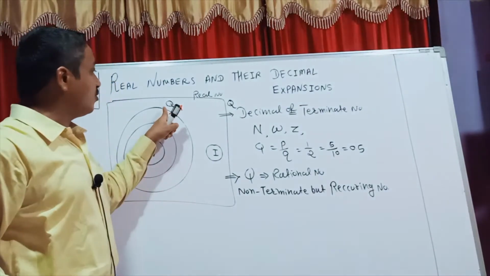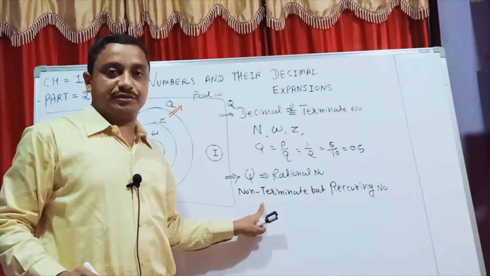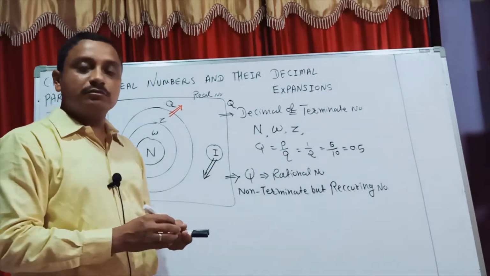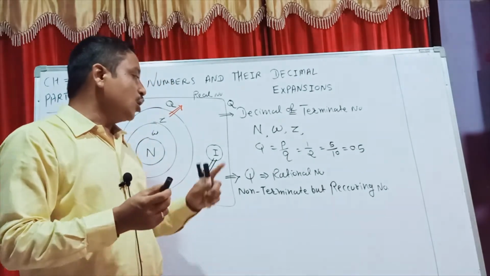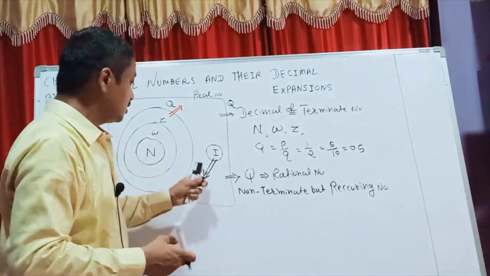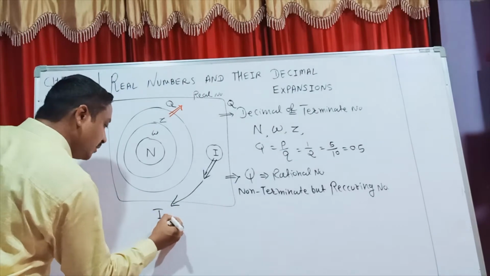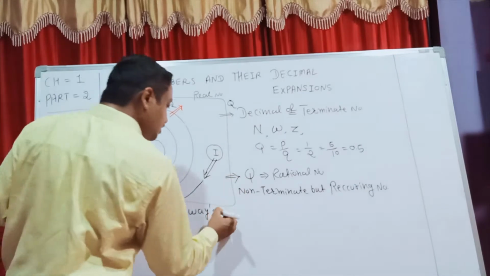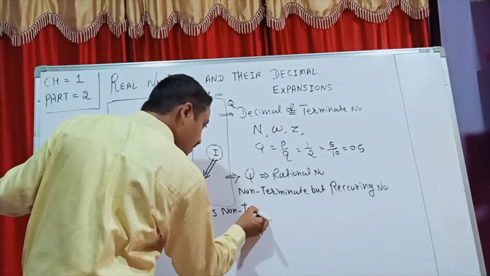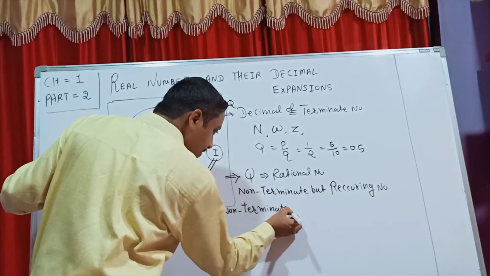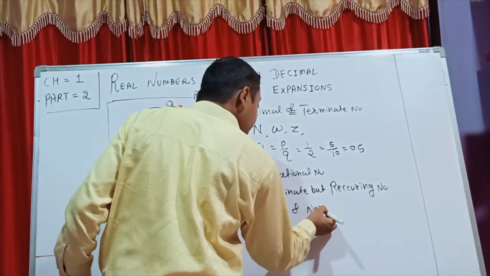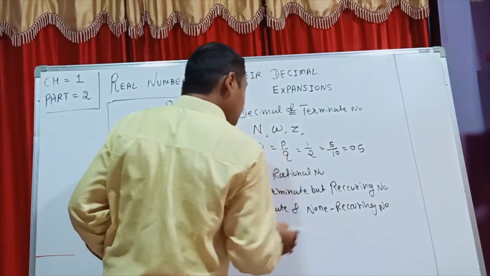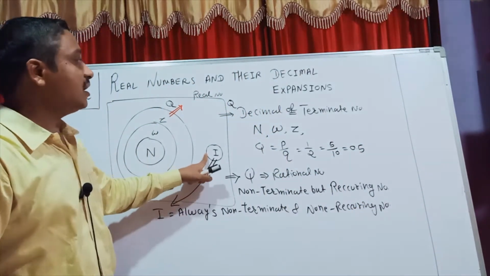So these are Q forms, and this I is a number that is always non-terminating and non-recurring. Q related numbers, I related numbers, which kind of number is that? Irrational number. It is non-terminating and non-recurring. That type of number is present in I.